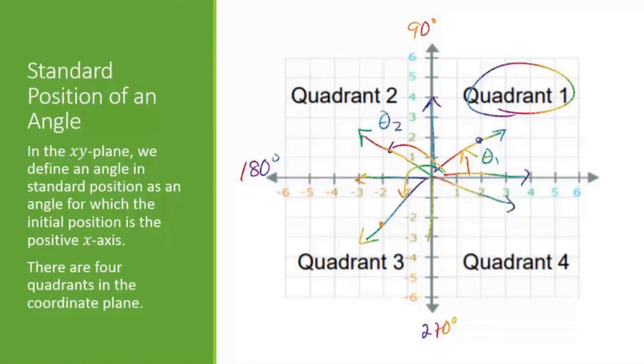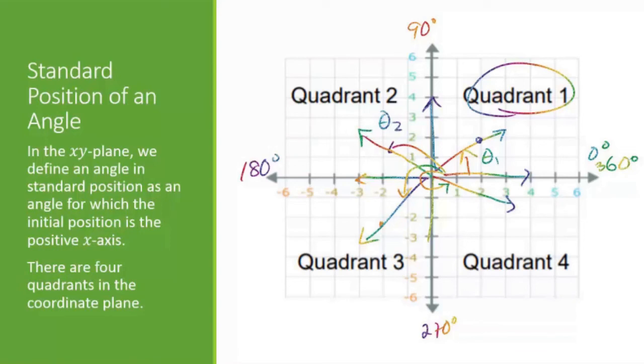If an angle is anywhere between 270 degrees and 360 degrees, 0 degrees of course being coterminal with 360 degrees, then that angle is in quadrant 4. Again, I'm drawing the direction here as counterclockwise. We're talking about the positive name for that angle.